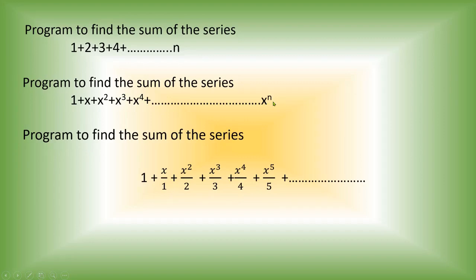That means in the superscript, the power part, it is 1, 2, 3 till n. I think you got an idea. So we need to generate the numbers 1, 2 till n, and we know how to generate the numbers 1 to n. And in the bottom part, it will be x, everything is the same.